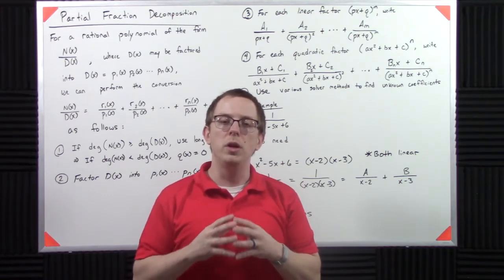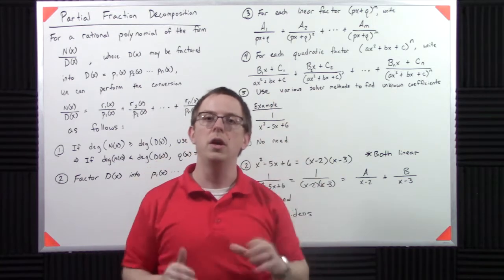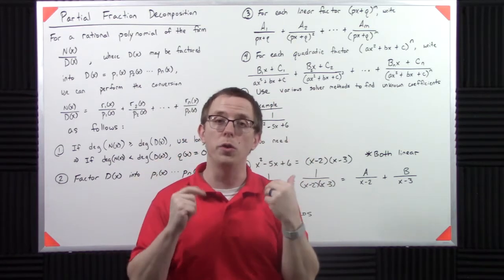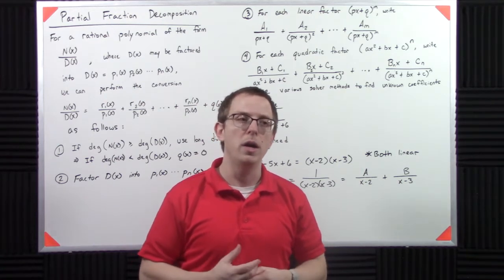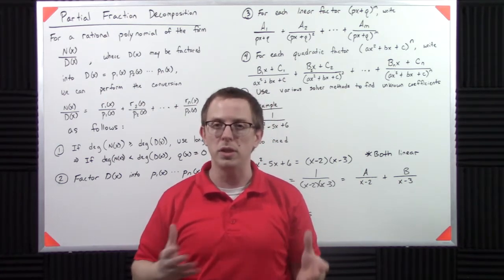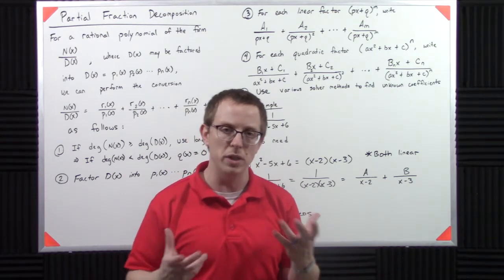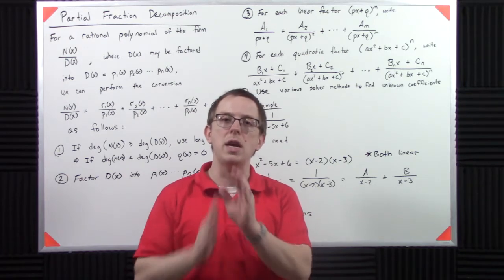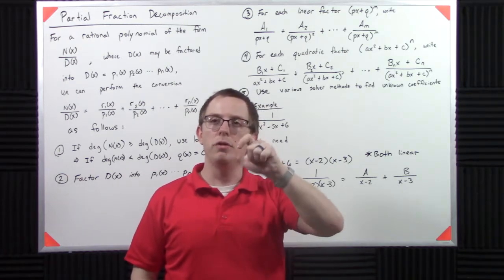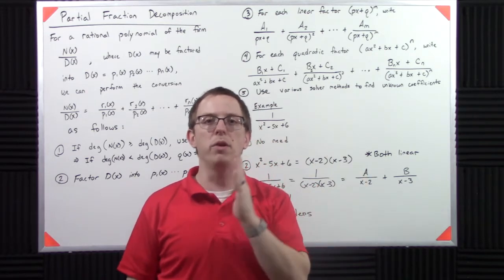So that power on the outside, again, if it was 2x plus 3 to the 5th, that power there is what's called the multiplicity of that factor. Don't worry about what multiplicity means at this point. There's a lot of really interesting mathematics about the multiplicity of factors, but all that's really telling you is that for each of those potential degrees up to the total multiplicity, we actually have a separate fraction.